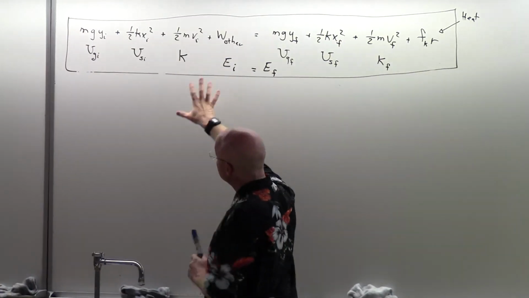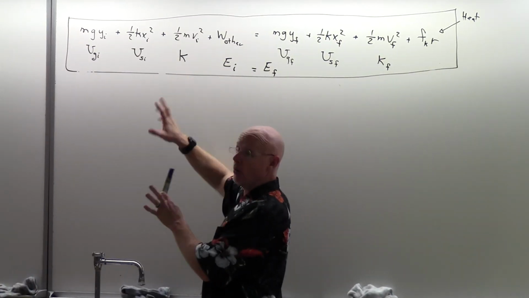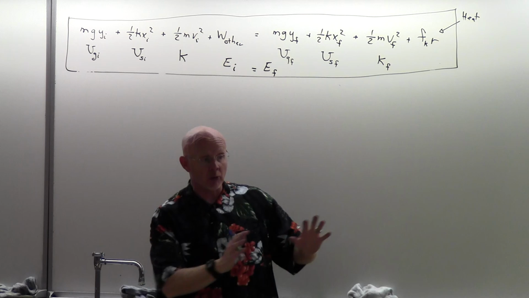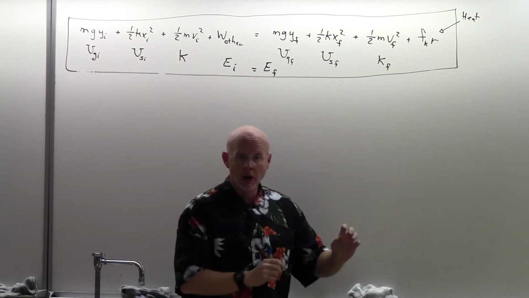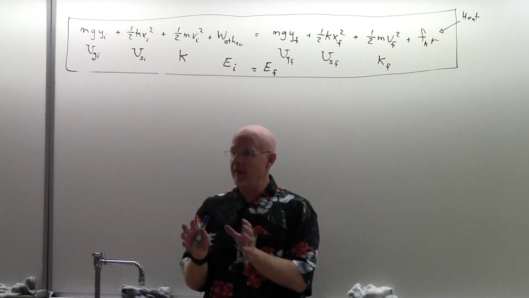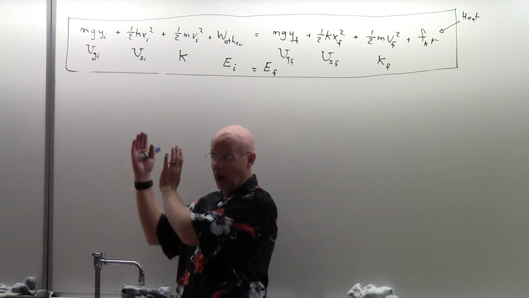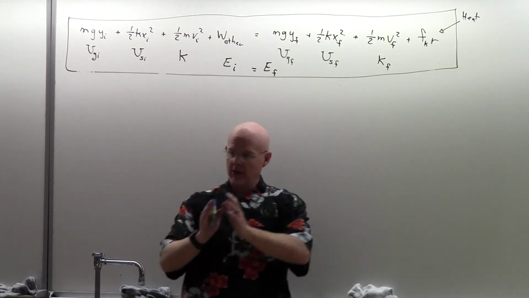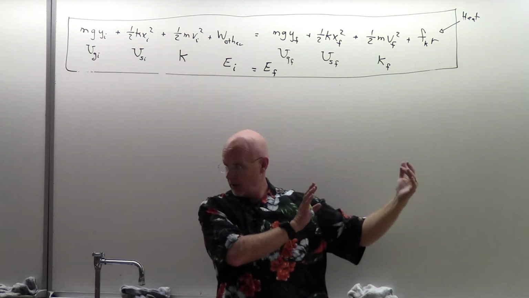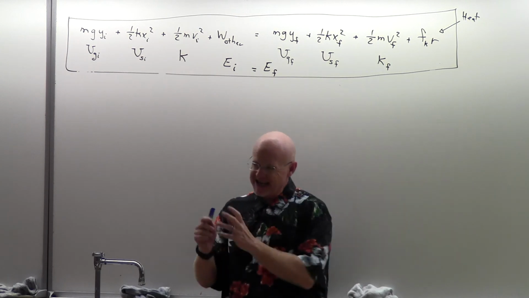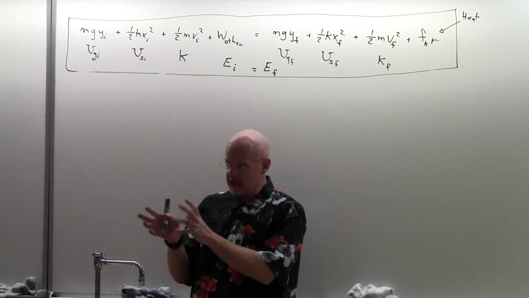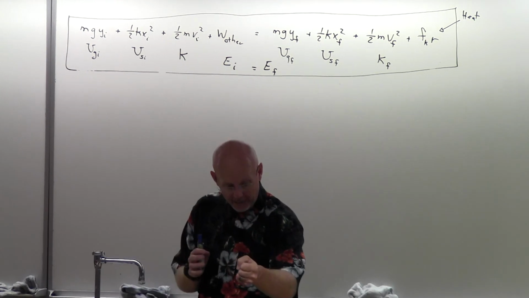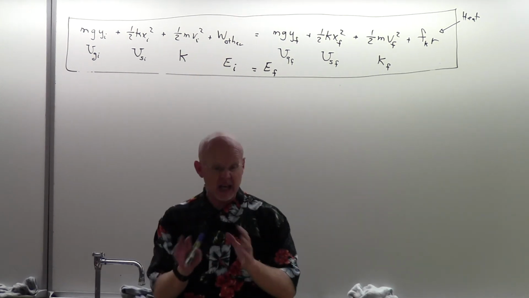Watch this. Notice that this equation says the energy, and we wrote it as energy initial equals energy final. But please remember, it's more than that. It is energy at one moment is equal to energy at the next moment. So my definition of initial doesn't have to be before I pull it back. My initial can be anywhere.